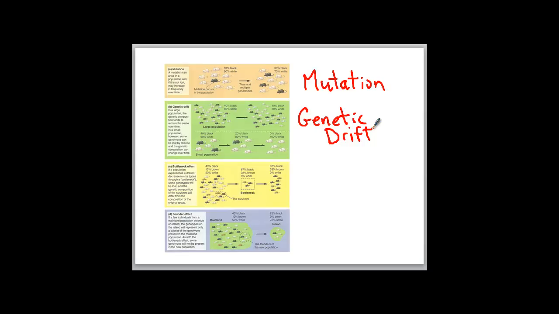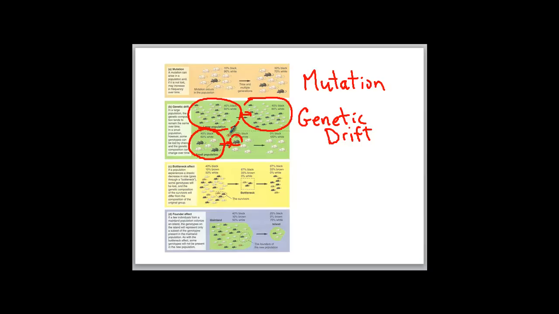You get fewer, and then when you get a smaller number, your chances of changing the genetic makeup increases. So in a large population, there's so much randomness that you're going to continue basically with the same phenotypes, the same outward expression of the genetic makeup, and the genotypes don't really change. But when you switch that to a small population, the chances are that a particular trait may phase out. In this case, the black mouse phases out, and you get a change or a drift in the genetic makeup.